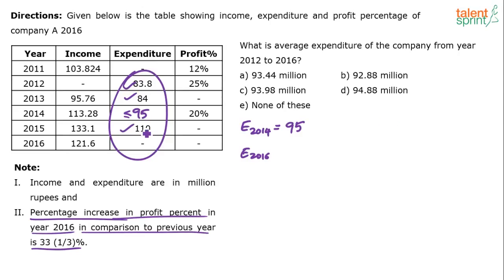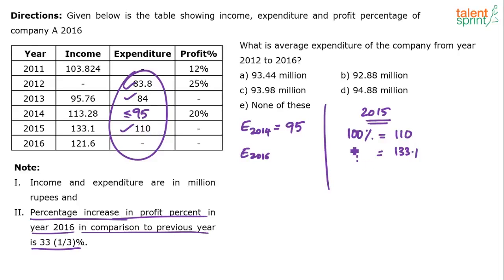How do you get the profit percentage of 2015? See, I know that 100% for 2015 is equal to 110. All I have to find out is 133.1 is what percentage? 100% is equal to 110 because this is the cost, right? Expenditure is like cost. Cost is 100%.